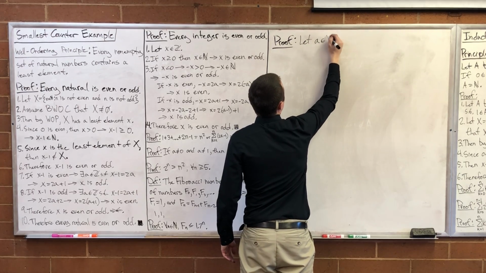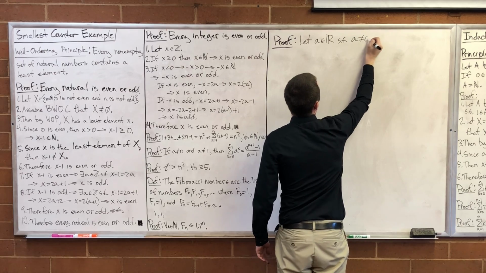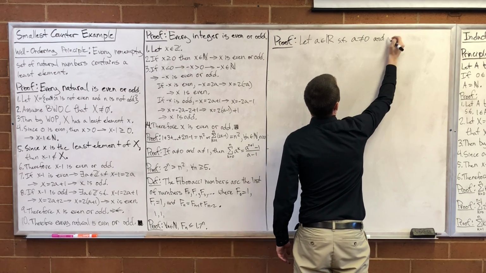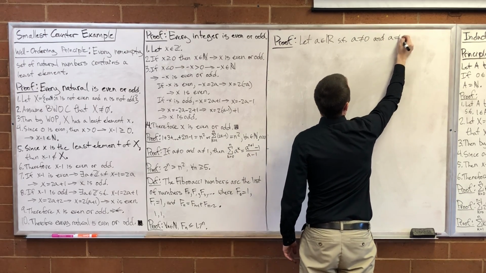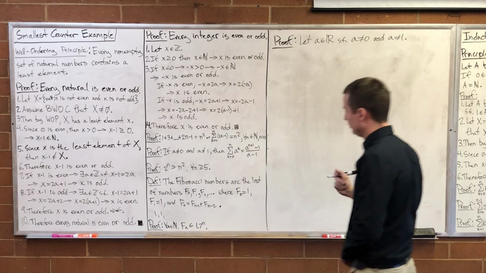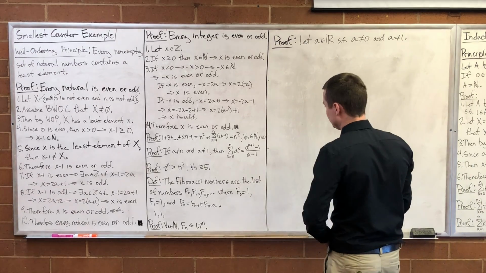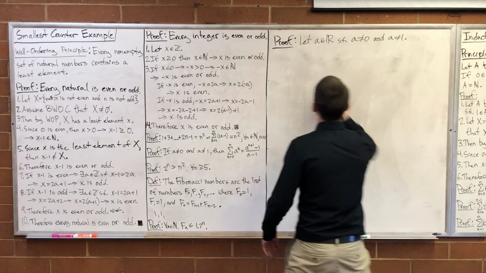If a is any real number such that a is not equal to 0 and a is not equal to 1. A can be anything, just can't be 0 or 1.